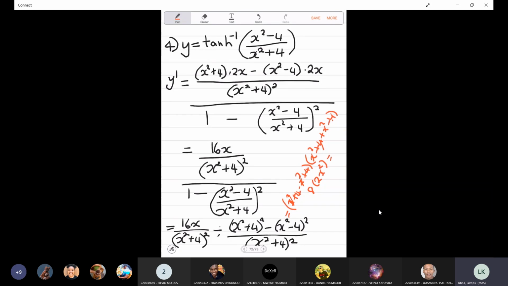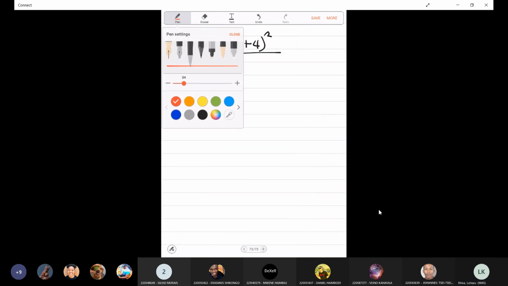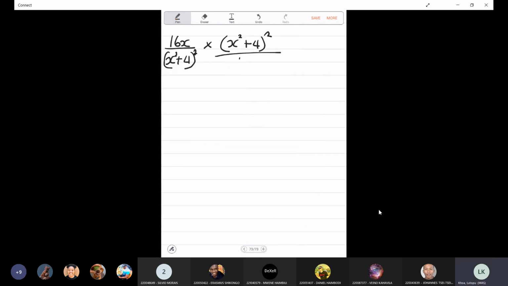So this is just 16x squared. Okay, so you can see those two cancel. And then I have 1 over x as my final answer. Okay, so that's just algebra, simplifying as far as possible.